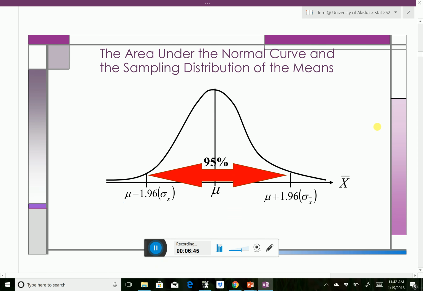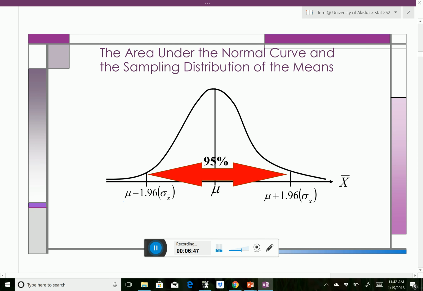So I want you to think about the area under the normal curve, and this is the distribution of x bar. So it's got the normal curve, assuming that it meets the assumptions for the central limit theorem to hold. So we have our normal curve, and we go, okay, here's our mu, because the mean of x bar is mu.